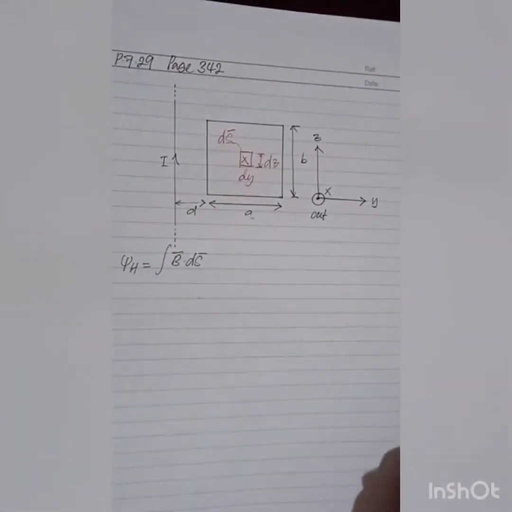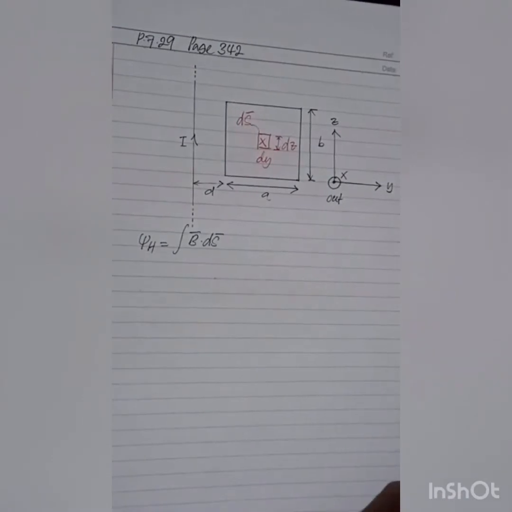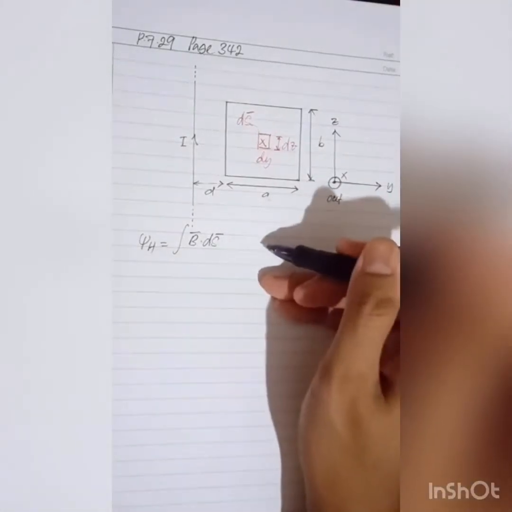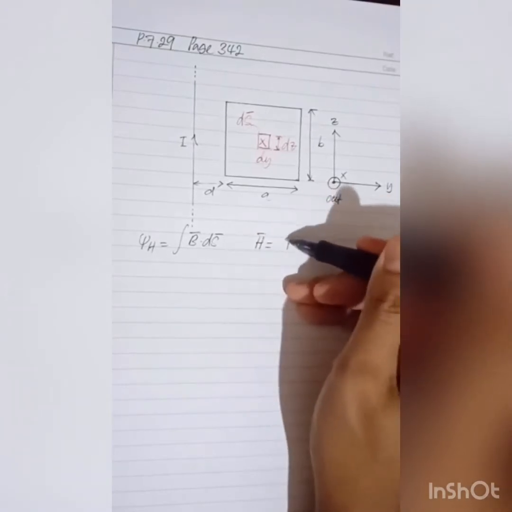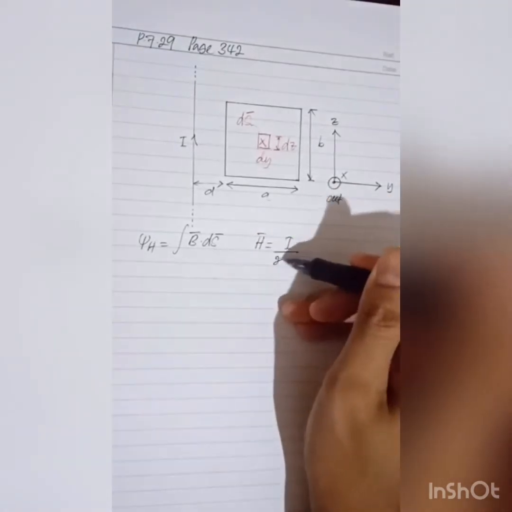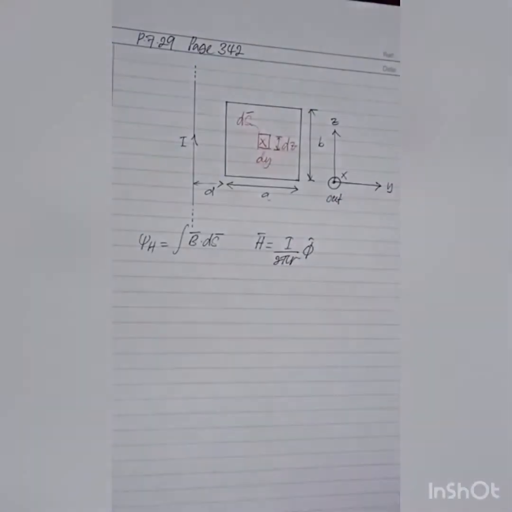Since this is a very long line current, we can simply use the H equation derived for a very long line current. The general equation is H equal to I over 2 pi r in the phi direction.